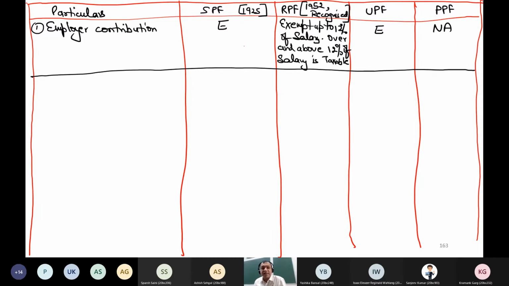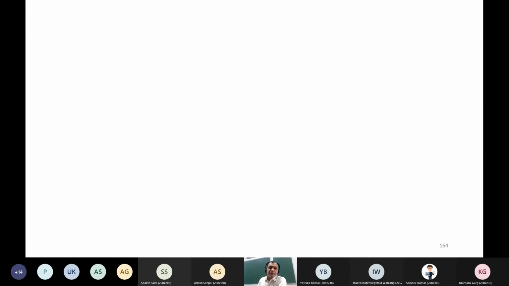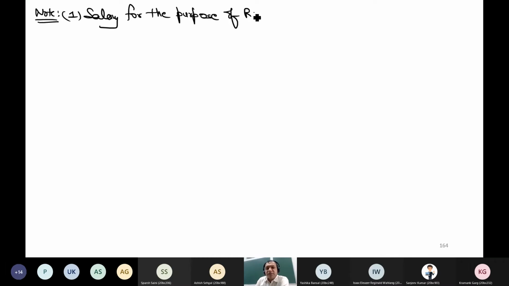Now the question arises, what is this salary? On another page I am writing note 1, salary for the purpose of RPF. I told you that salary changes for every different criterion or benefit. Salary for the purpose of RPF is the same as for leave encashment. What was salary in case of leave encashment?